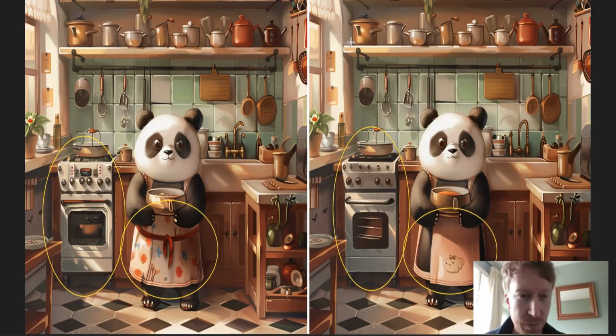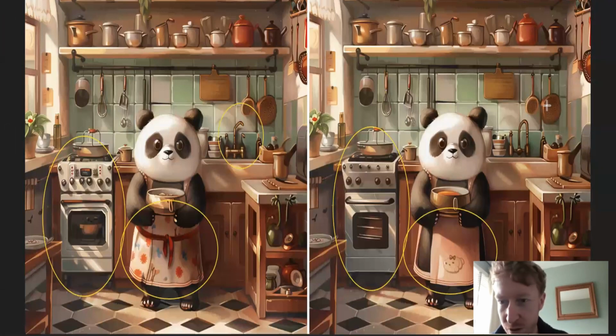What else is different between these two pictures? The whisk is the same in each picture. The spatula is the same in both pictures. The chopping board looks exactly the same, so there's no difference with the chopping board. The sink, I see the difference.